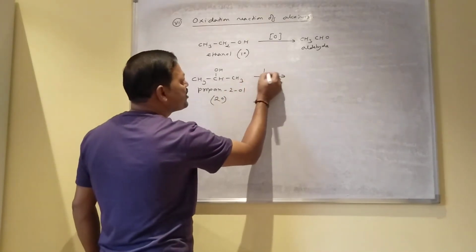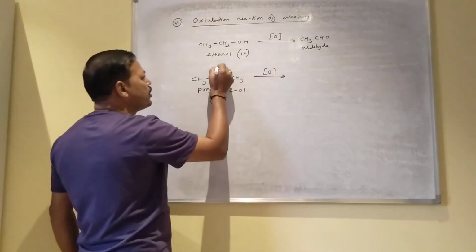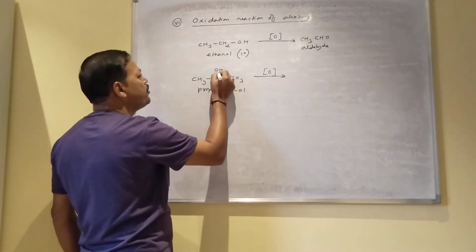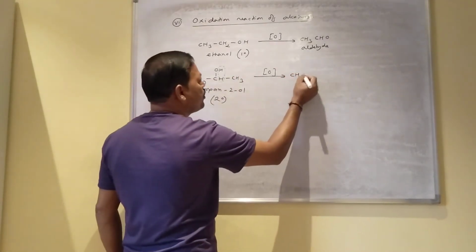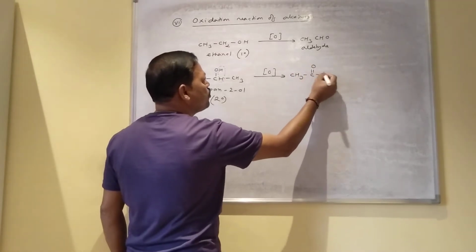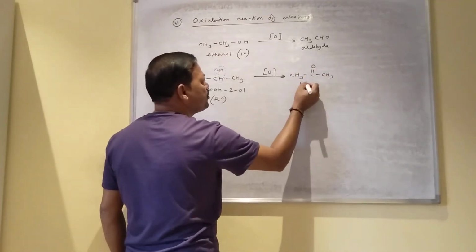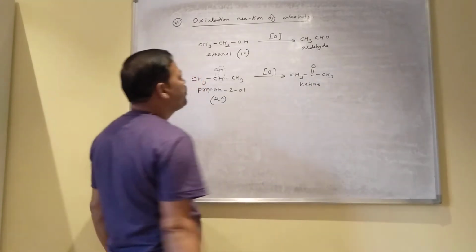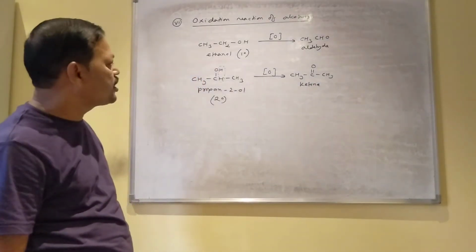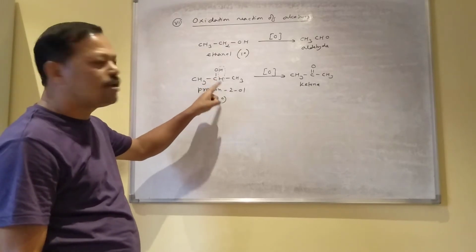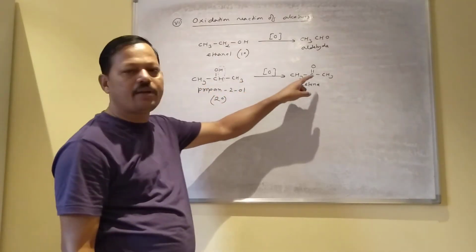When you do oxidation, here also this hydrogen and this hydrogen will be removed. After removing the hydrogens, you will get the compound CH3-C(=O)-CH3, which is said to be ketone. So if your alcohol is primary, you will get aldehyde after oxidation, and if your alcohol is secondary, after oxidation you will get ketone.